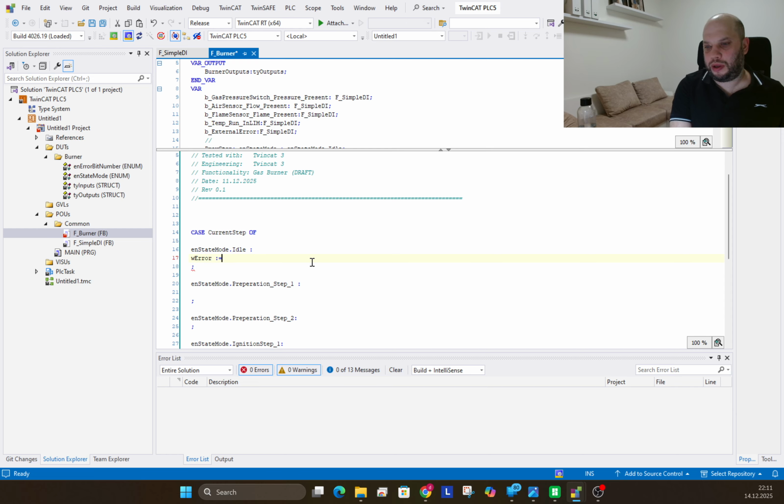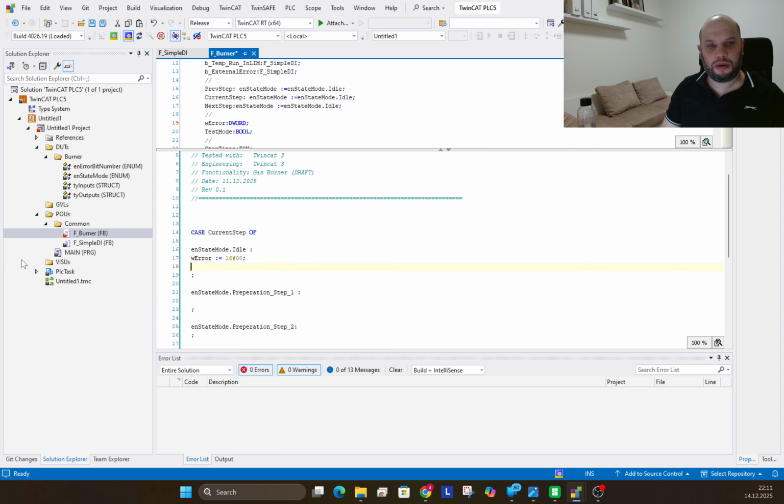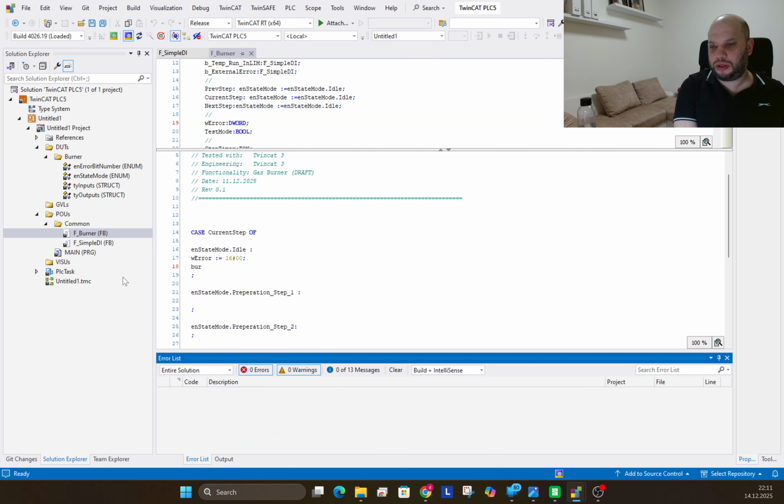So we don't want to keep the error step in the memory. So this is the double word, I think. Yeah. So this is in the hex. What else?